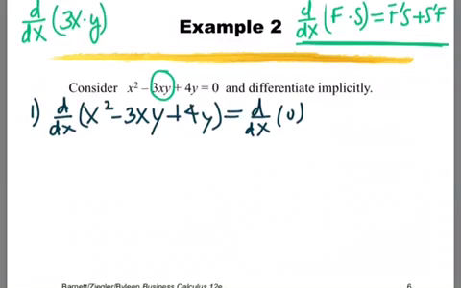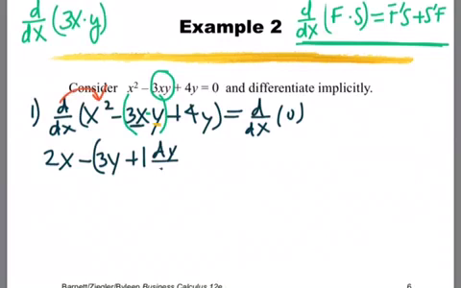So d/dx of x squared will be 2x, minus d/dx of the product 3x times y, which will be the derivative of the first, the derivative of 3x is 3, times the second, plus the derivative of the second, which is 1 dy/dx, because we're taking the derivative with respect to x, times the first, 3x.